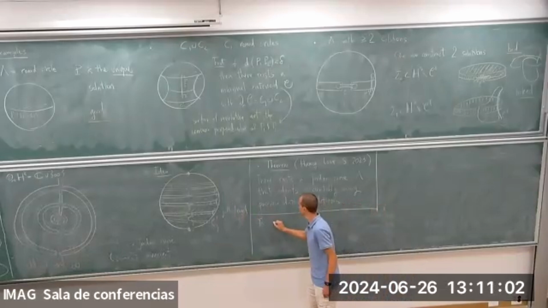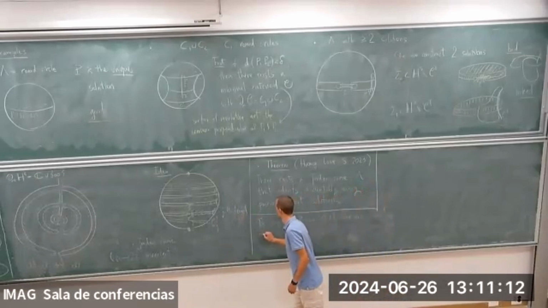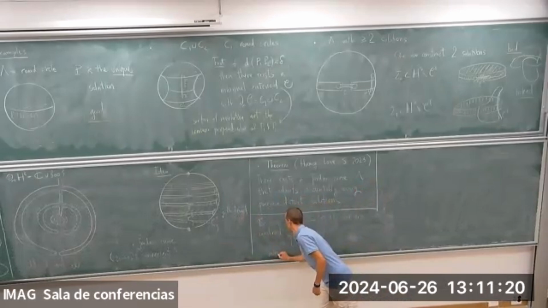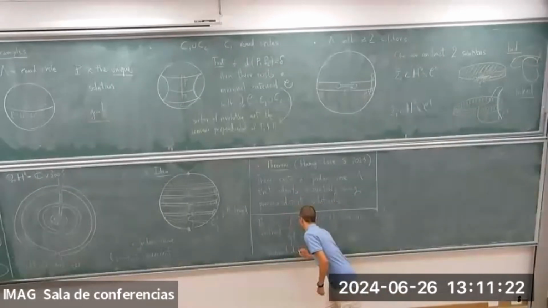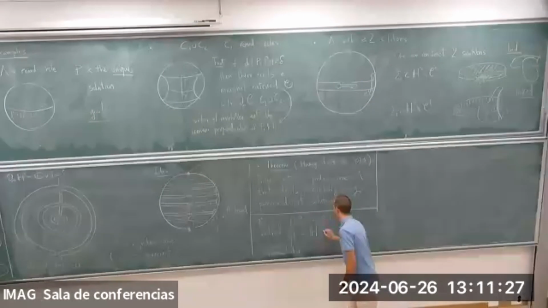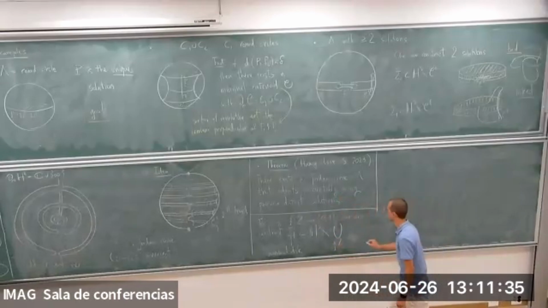So for any function f from Z to {0,1}, one can construct sigma_f, a minimal disk, which lives in H3 minus the union over j in Z of C_{j,f(j)}.